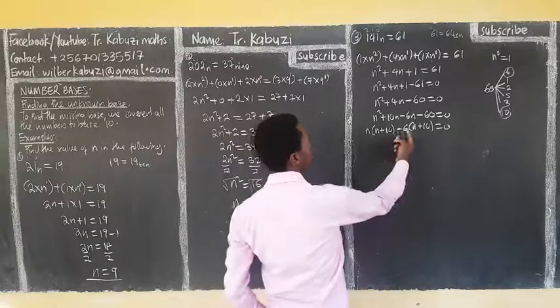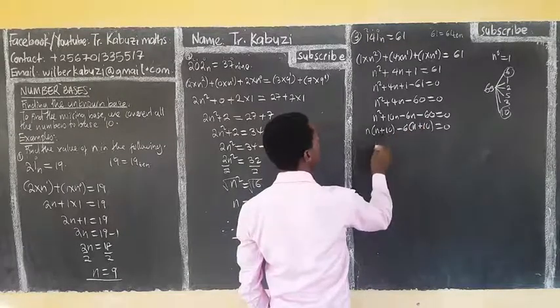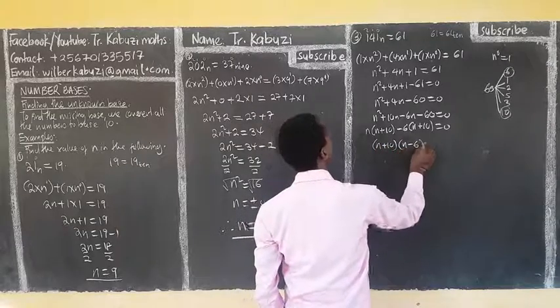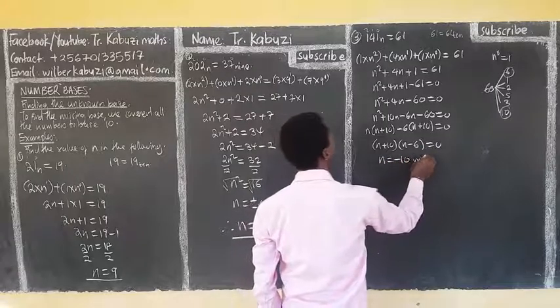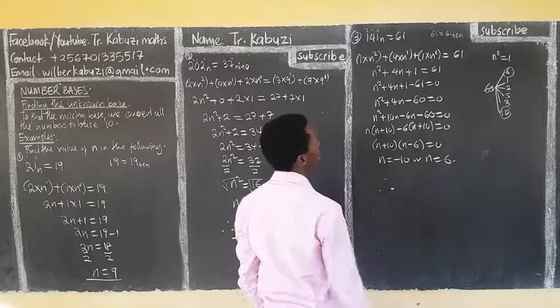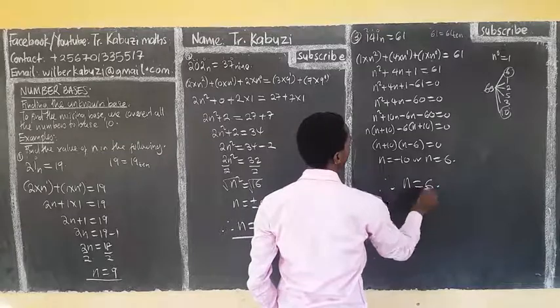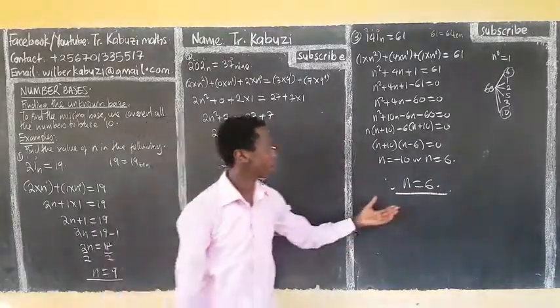When you multiply back, this gets negative, this gets positive. So n plus 10 is common. When you factor it out, you have n plus 10 times n minus 6 equal to 0. Either n is negative 10 or n is 6. But n can't be negative in bases. Therefore, our n is 6. As simple as that. That's how we handle this one.